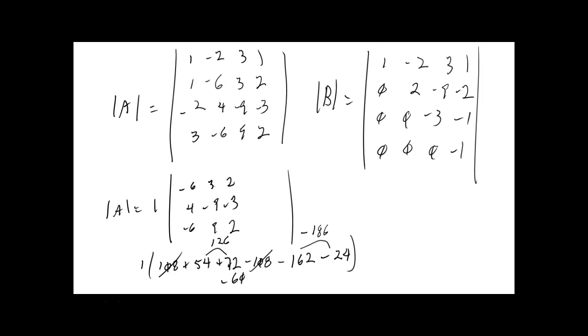I don't know how they got row 2. That's what I was assuming they did. Subtract this from this, you get a 0, a 4, a 0, and a minus 1. That doesn't look anything like theirs.